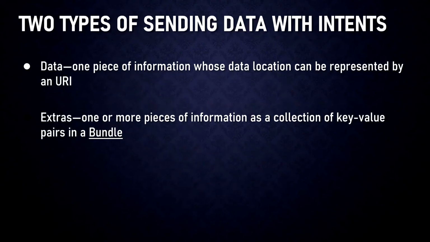The bundle is the way we put more than one piece of information, as key-value pairs, and it will be passed as a bundle so that we can access it from another activity using the Bundle class.